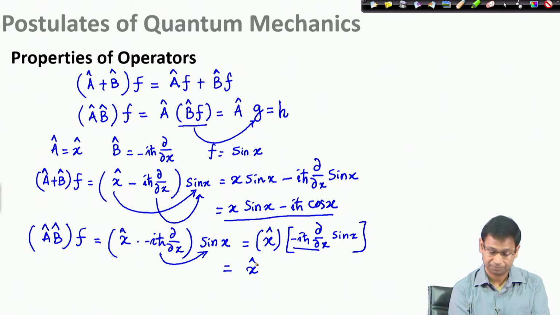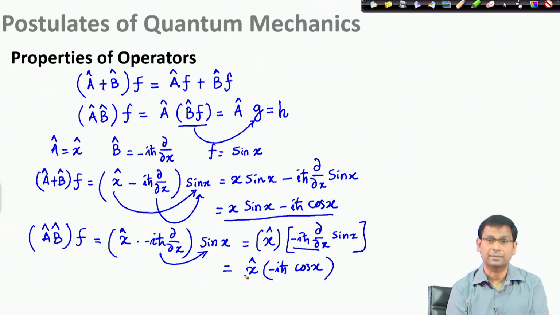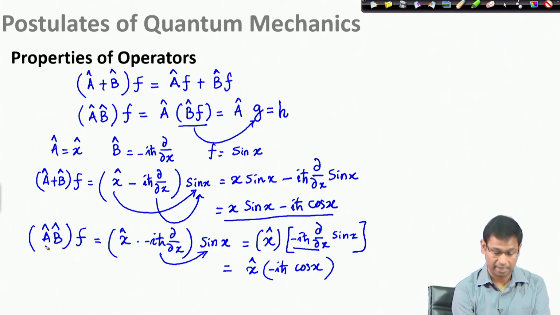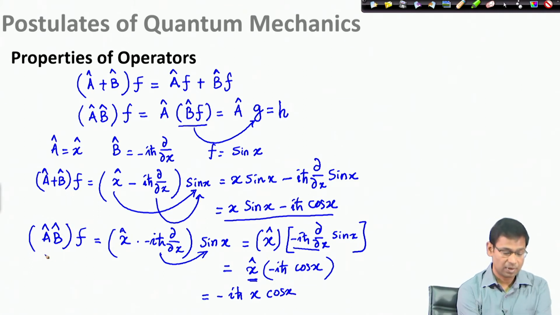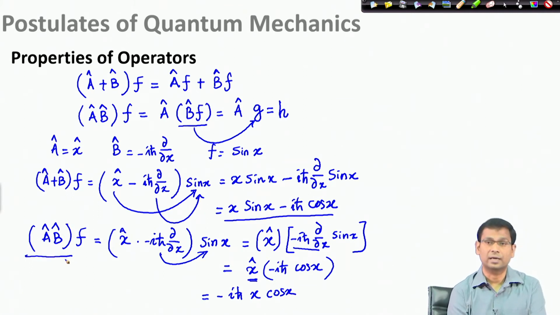The result of that is a cosine function, and now this function is being acted upon by the operator A here. I know the action of operator x is simply multiplication. So, therefore, my result is minus i h bar x cos x. This is how I evaluate the product rule.